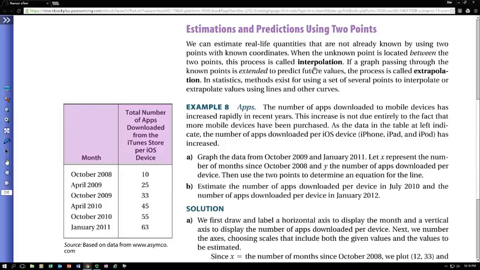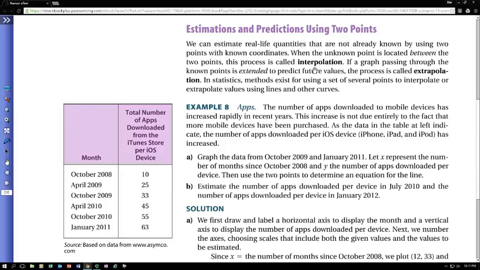Well, let's look at example 8. Well, that's interpolation. If I have 2 points, like that bee thing I was talking about, I had data from 1990 and data from 2000. Well, I had ordered pairs from those two. And then my question was, what's going to happen at 2020 based on that?